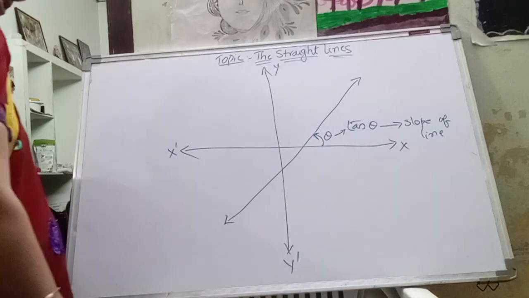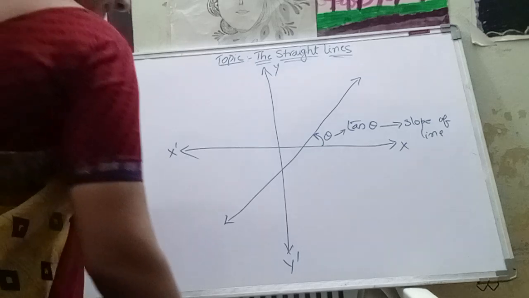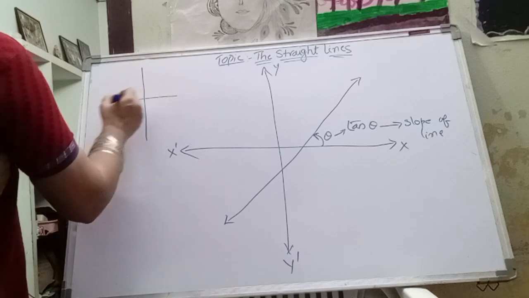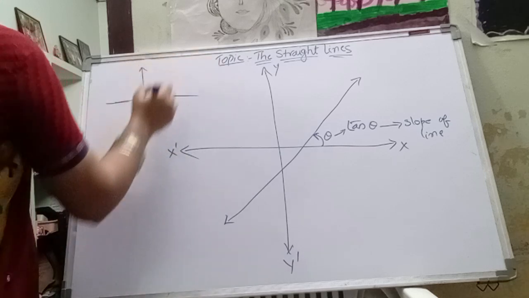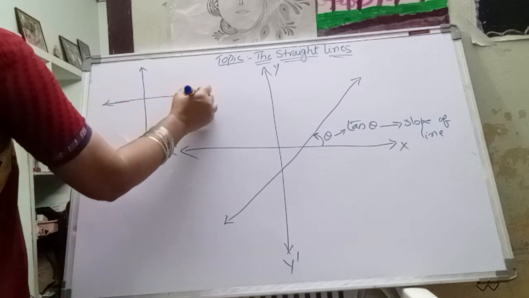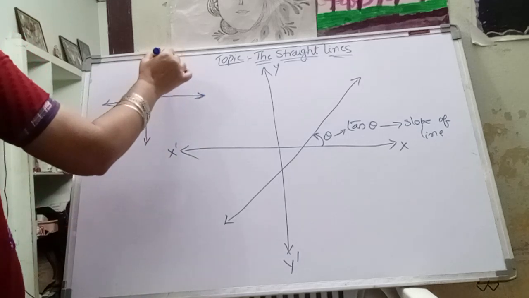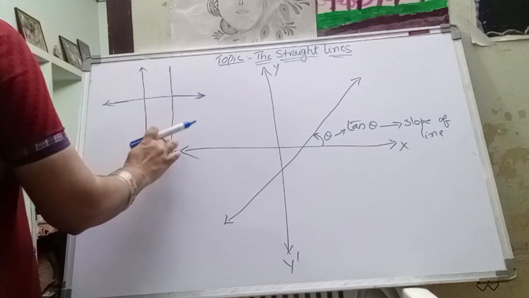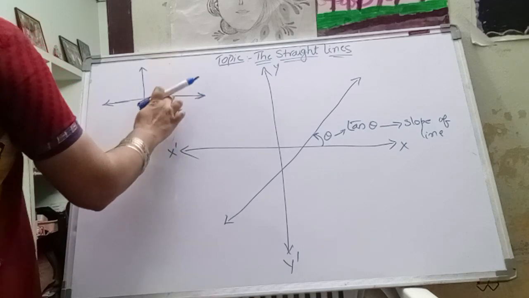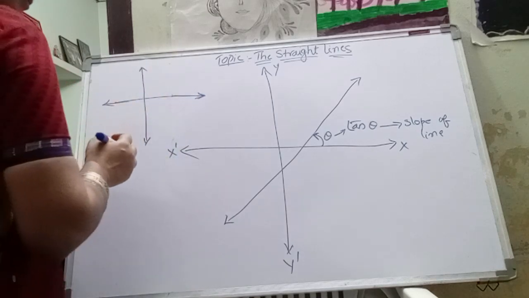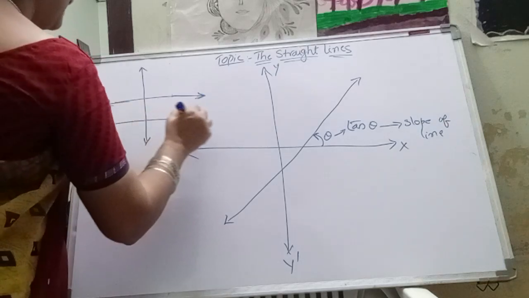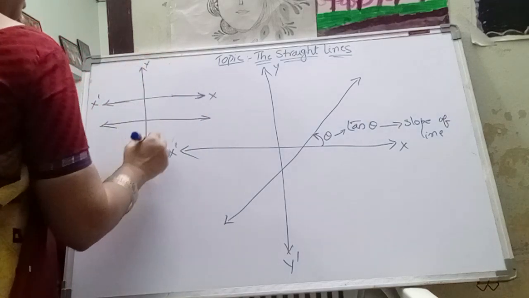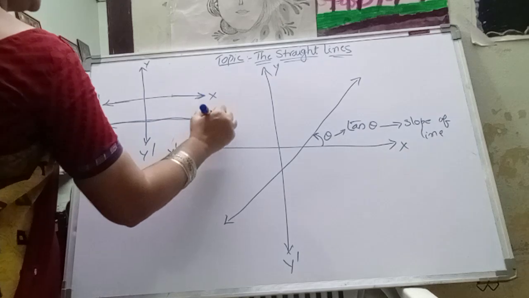If the line is horizontal, that means parallel to the x-axis. Say, for example, a small one I am drawing. Take this as L1.